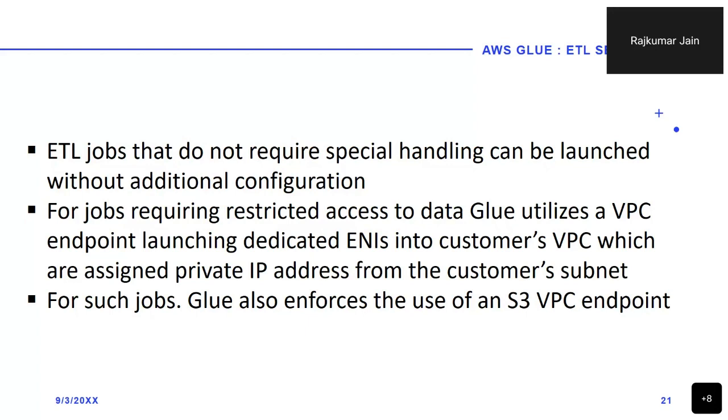And for such jobs, Glue also enforces the use of the S3 VPC endpoint. I will show you this in the example, because it will ask you to use this one. If you are using other targets and other sources, it may create some problems. So what Glue suggests is: whatever you have on the source side, please dump it into S3.